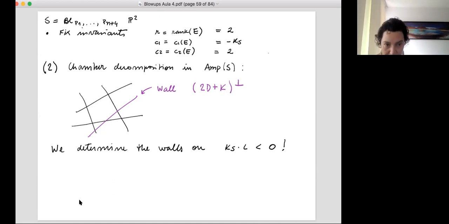So these are the walls that we determine, and they correspond to divisors D that satisfy this numerical condition. In principle, you can start by finding all the divisors D for which we have this numerical constraint, and then determine these walls.